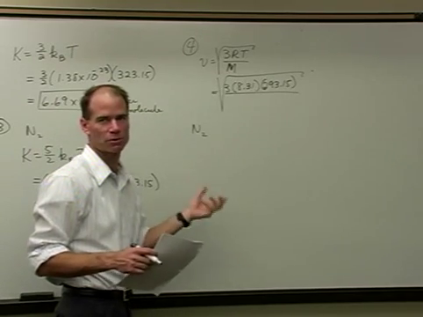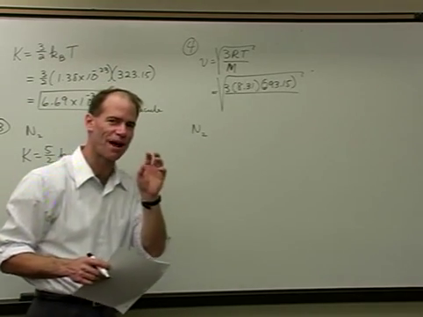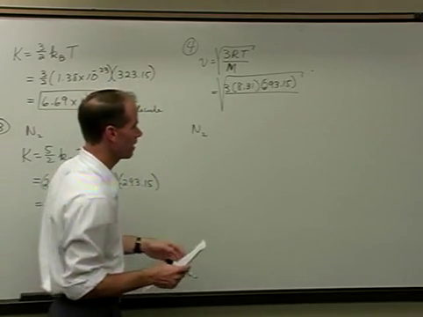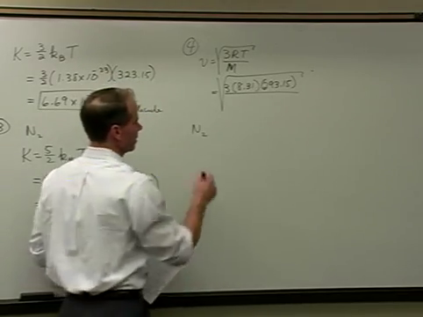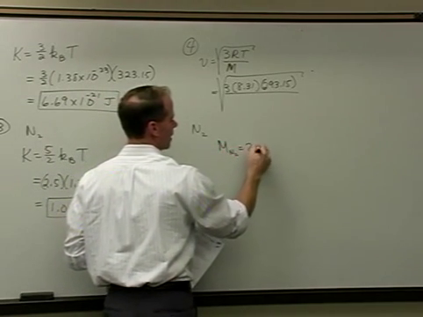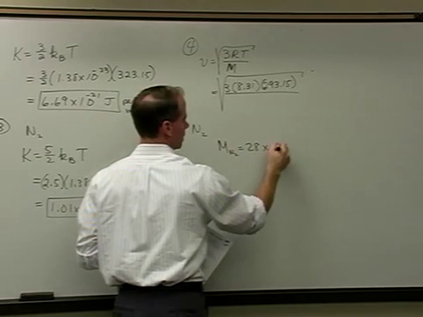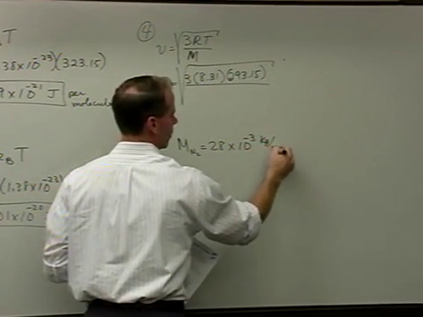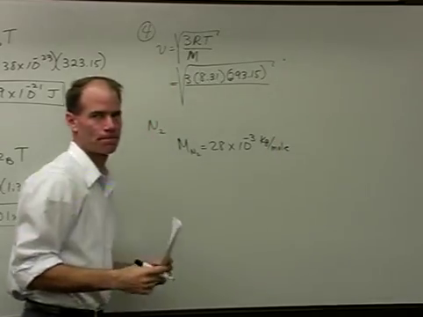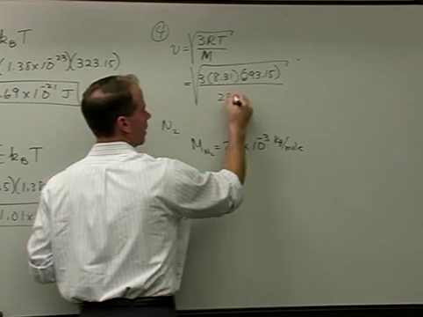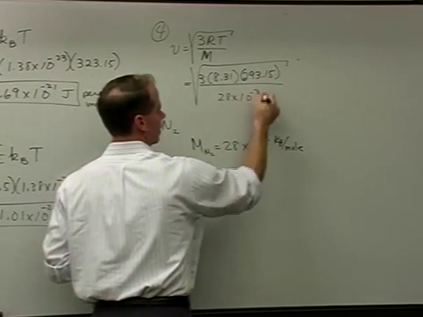So it's 28 grams per mole. If you had 28 grams of nitrogen, you would have a mole of nitrogen. Now, we want that in the SI system, so we'll say that the molecular weight of nitrogen is actually 28 times 10 to the minus 3 kilograms per mole. So that's the molecular weight that goes in there. 28 times 10 to the minus 3.